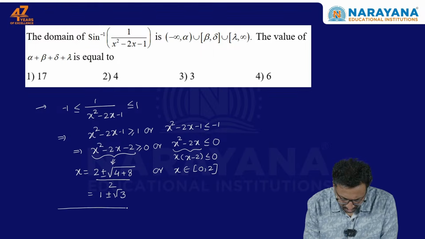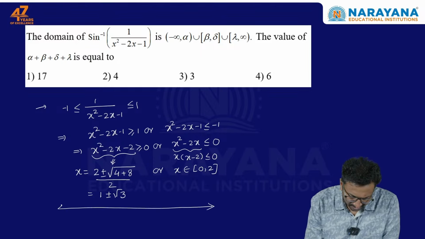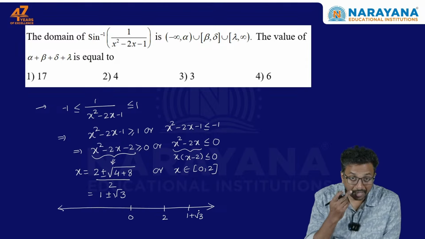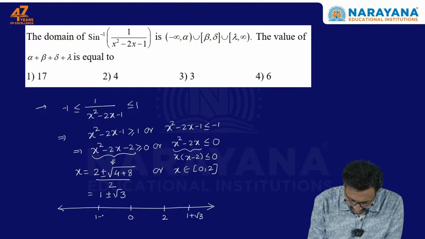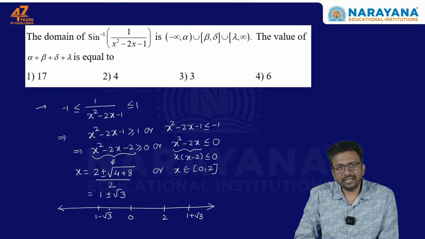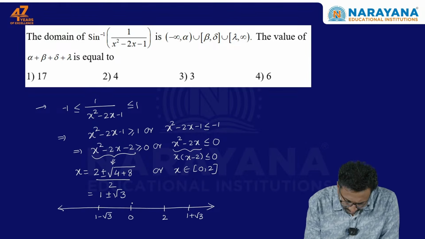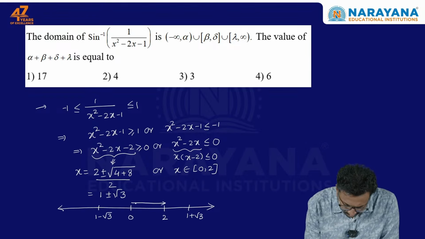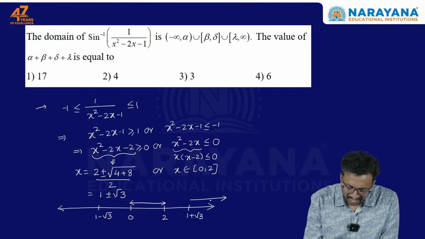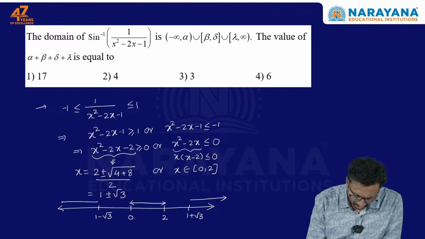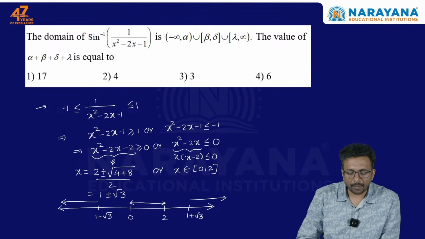Let us plot this complete solution on the real number line. 0 is here, 2 is here, 1 plus root 3 is greater than 2, so it's on the right side of 2. 1 minus root 3 is clearly negative, it lies to the left of 0. So one part of the domain is 0 to 2, and the other part is either to the right of 1 plus root 3 or on the left side of 1 minus root 3.